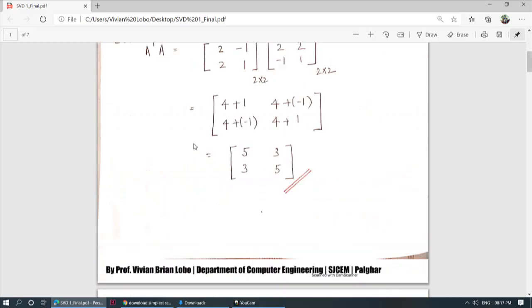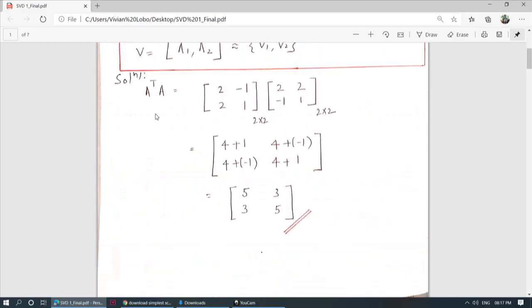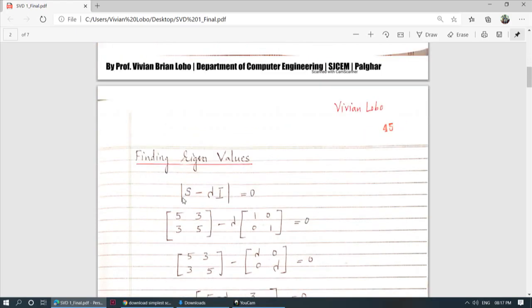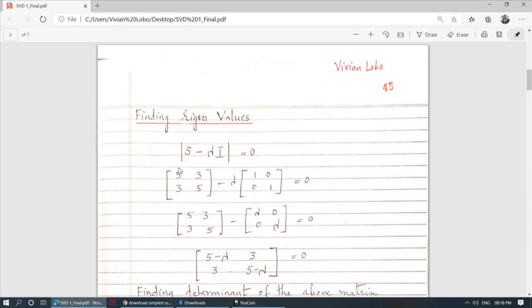Now this matrix that we have got, A transpose A, is nothing but your S. So I have denoted it by S. So it is S minus lambda into I is equal to 0, where we need to find the determinant of this particular equation. S is nothing but the A transpose A value that you get, minus lambda.